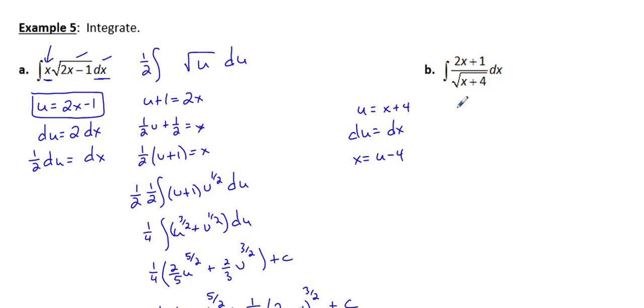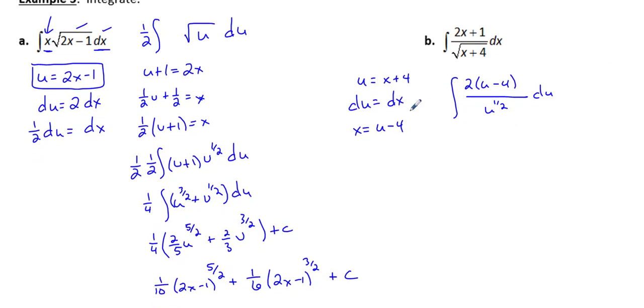All right, rewrite. 2 times u minus 4 all over u to the 1/2, and then du. Luckily, we don't have to put anything out here, right? We would if the coefficient of x was something else. Okay, that'd be u to the -1/2. Put the 2 out in front, probably.